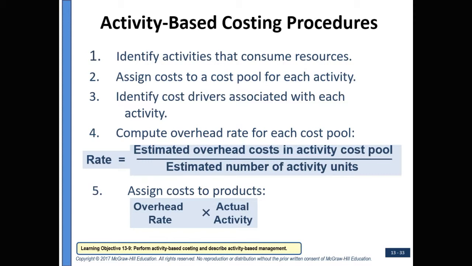And this is basically the same formula as we use for the predetermined overhead rate, estimated overhead cost divided by estimated number of activity in units, but we only look at it in the pool costs. And then we assign costs to the products using that computed rate.